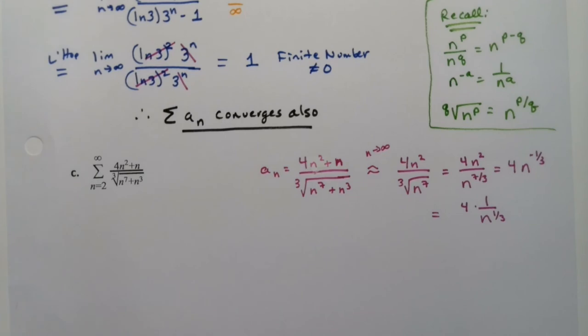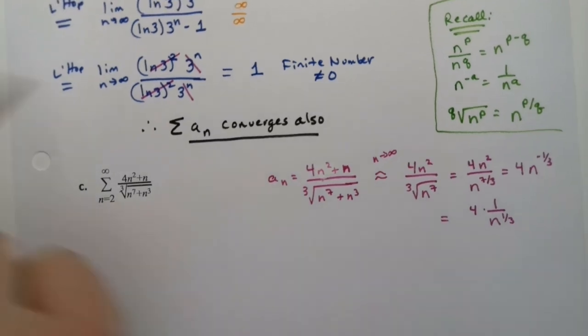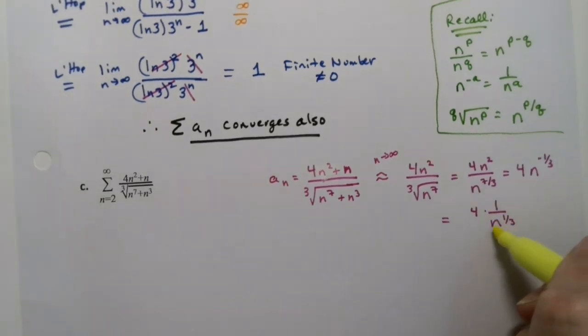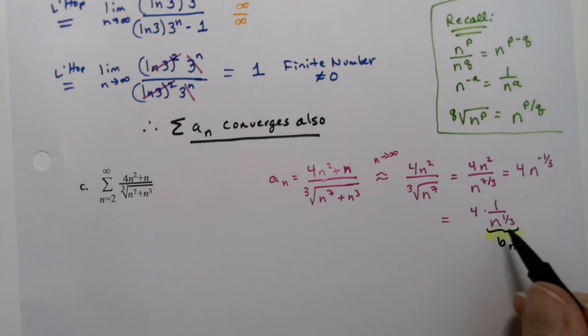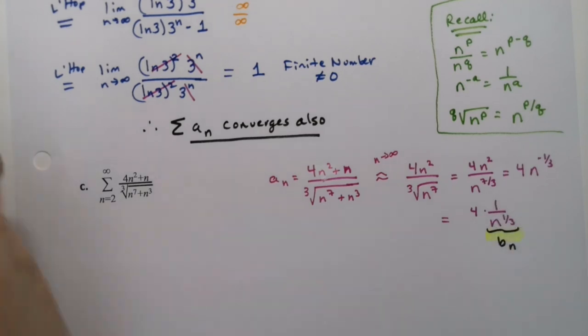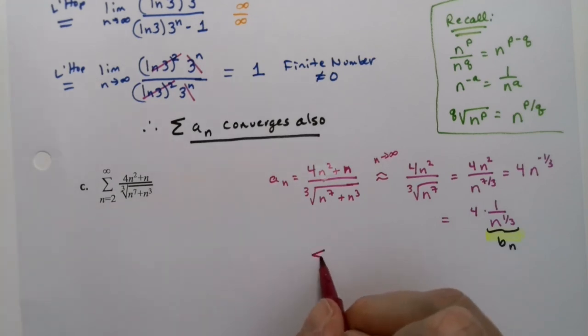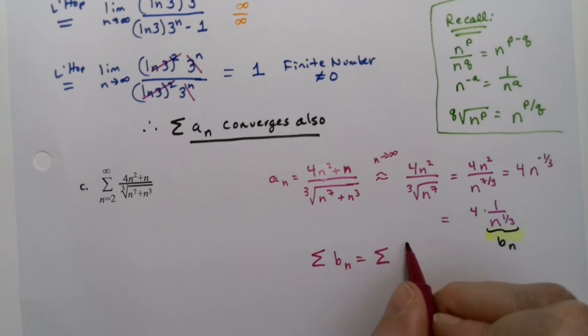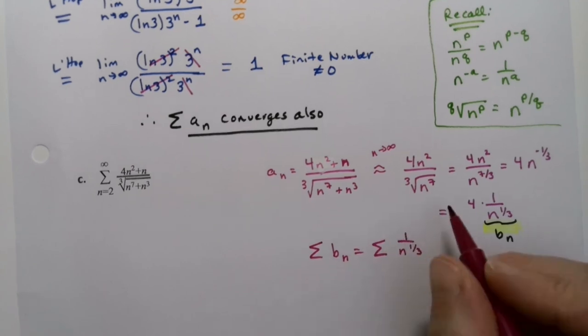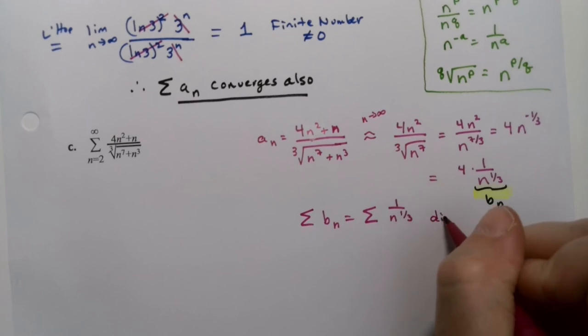All right, well then this is my b sub n right here. The 4 is kind of irrelevant. What matters to us is 1 over n to the 1/3. Now notice that is a divergent series. So b sub n, which is 1 over n to the 1/3, is a divergent p series.